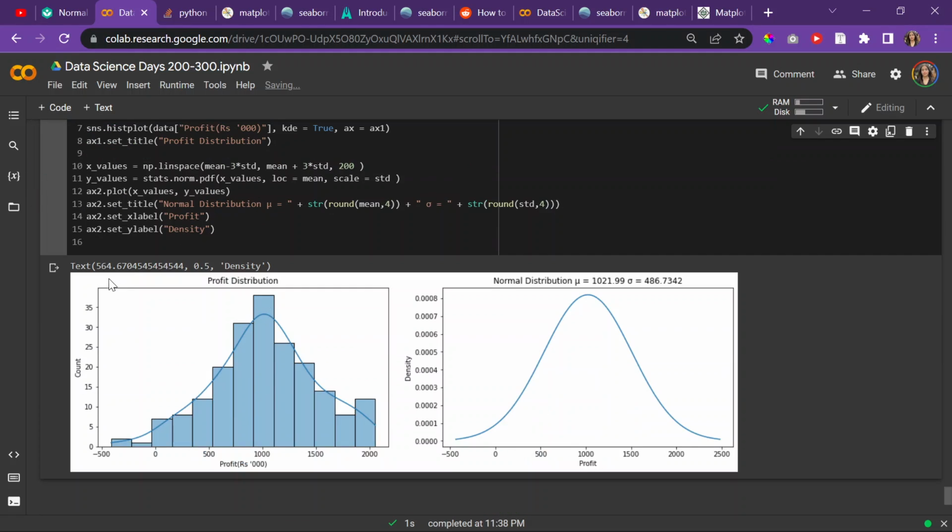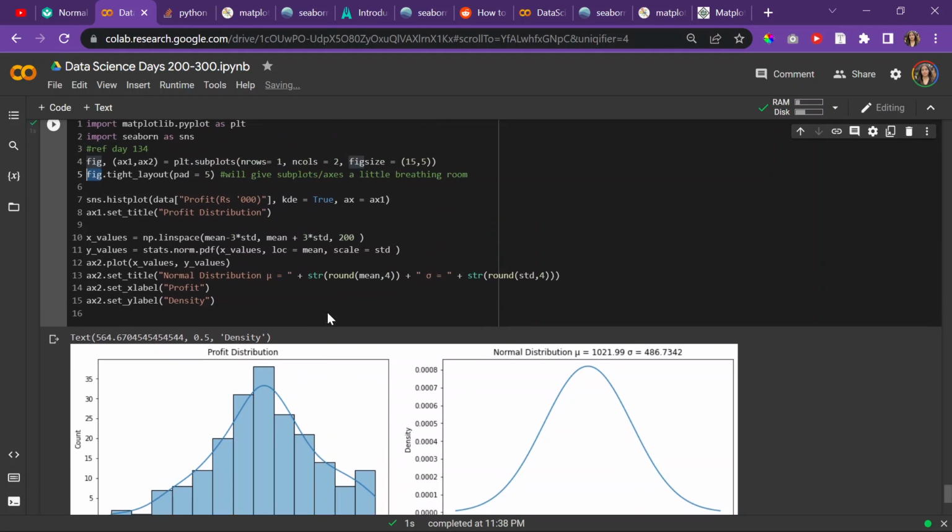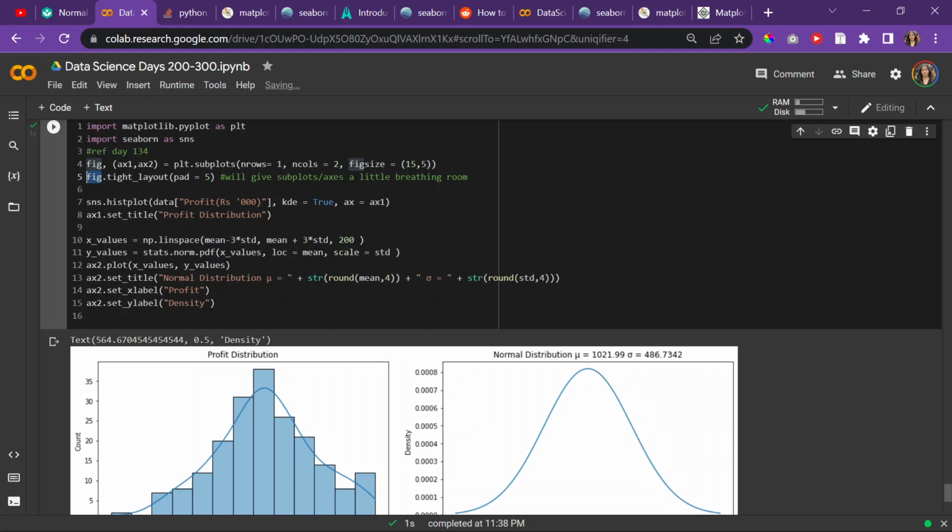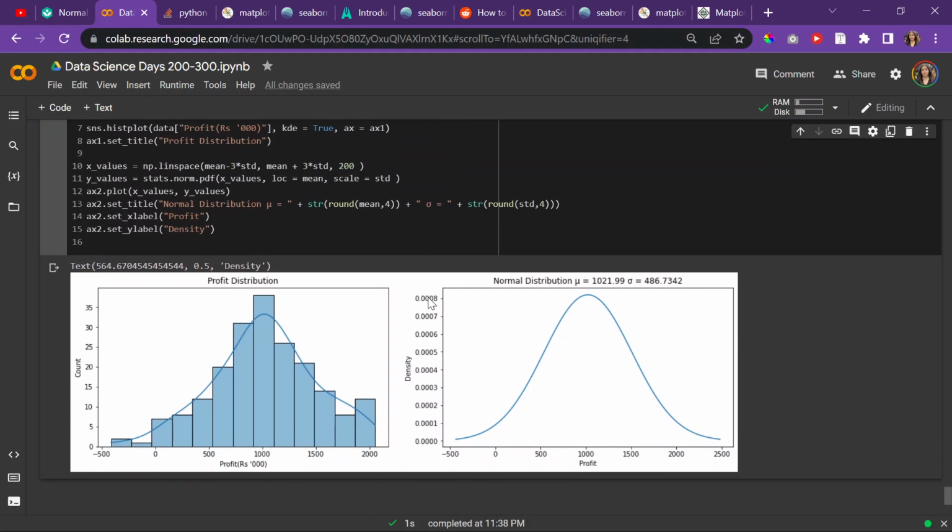The figure is the entire box, and in the box there are graphs, which are subplots or axes, whatever you want to call them. There's a function called tight layout, and I think it has other parameters which I'm not sure of at the moment, but I know one of them is pad, which stands for padding, and you set it to a certain number, and that number is used to give space between the two graphs.